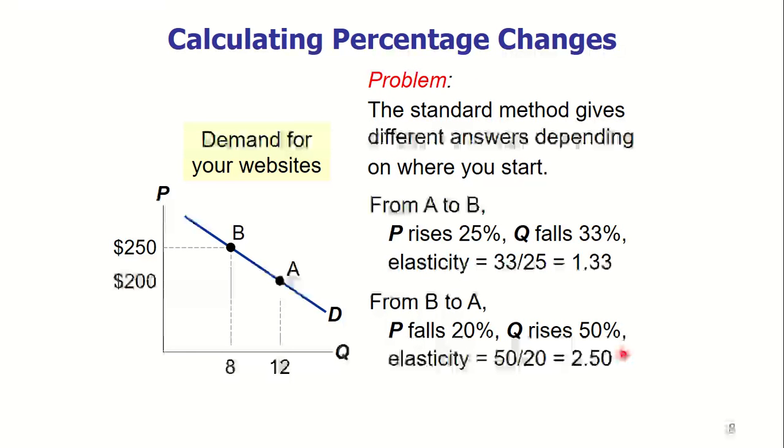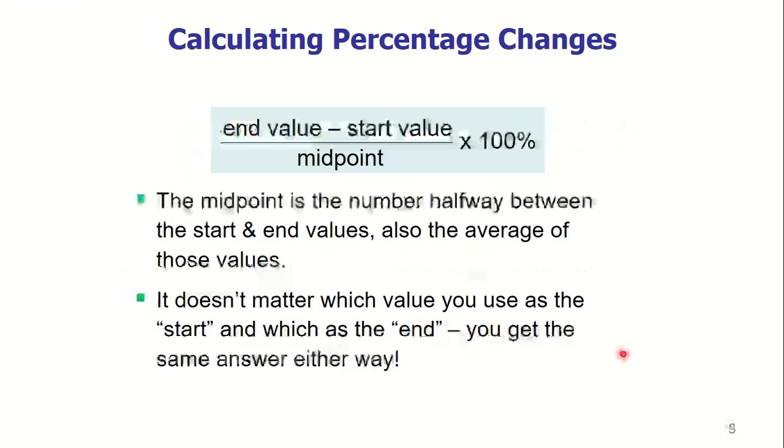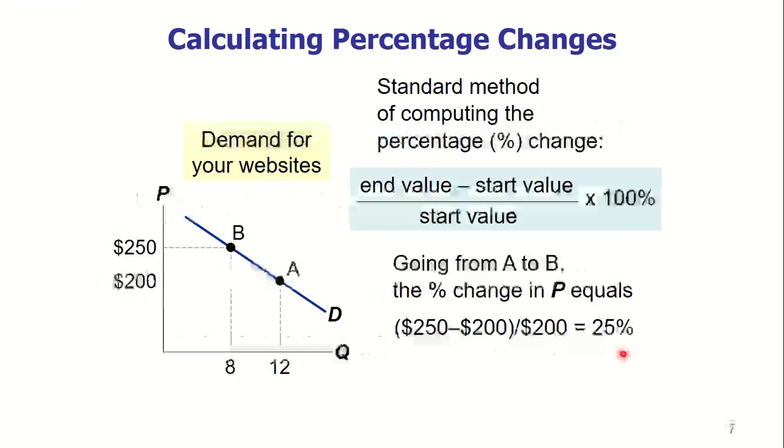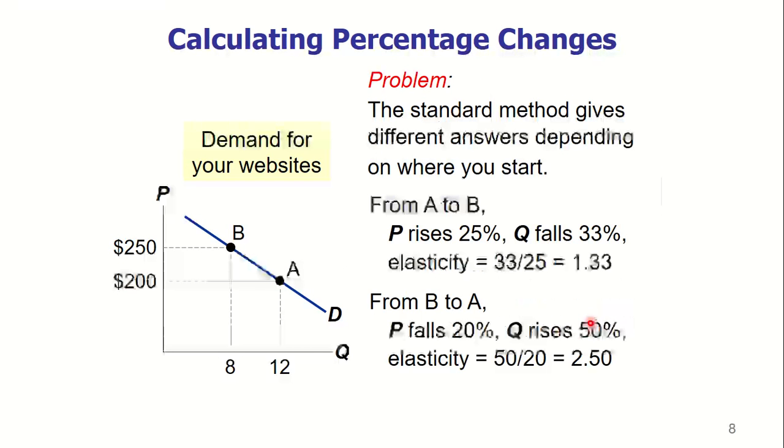The problem here is the standard method gives different answers depending on where you start. From A to B, price rises by 25%, as we have seen in the previous slide. Here, if we move from point A to B, then the price change we get is 25%.